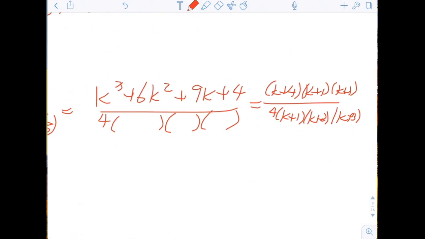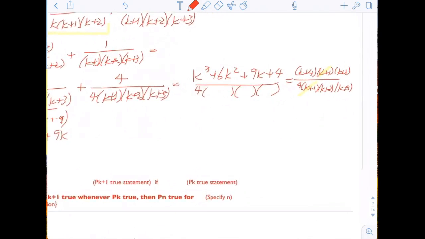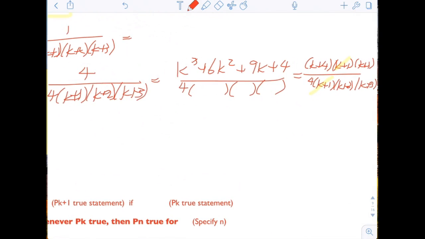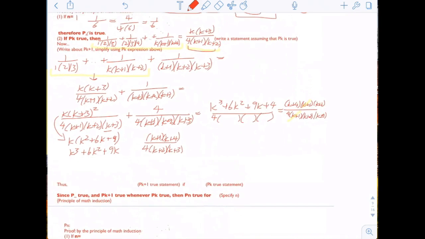So I can cancel this and this, and I'm left with k plus 1 times k plus 4 on top, and on the bottom I have 4 times k plus 2 times k plus 3. Is that what we wanted?